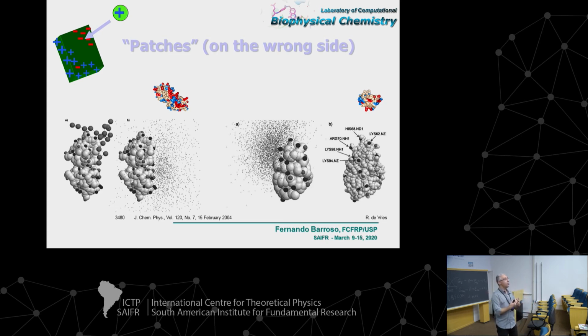So the way that people were trying to convince themselves that it was possible to see an attraction was to imagine that there might be a concentration somewhere in the protein of a patch of opposite charge. So in this example, I could see here a negative surface, a concentration of negative charges that in principle could attract this positive thing. And people built models to try to prove this.